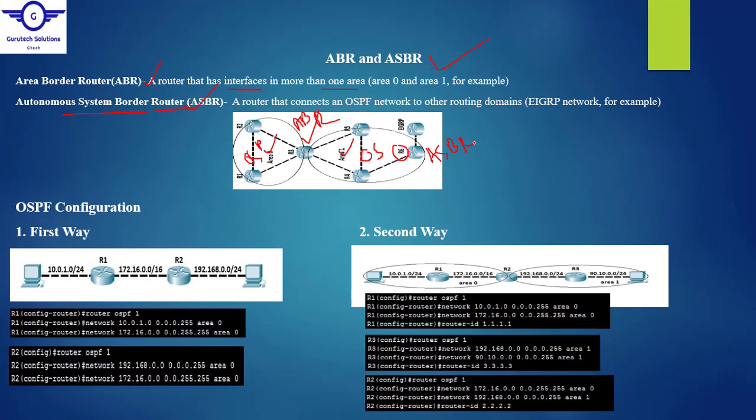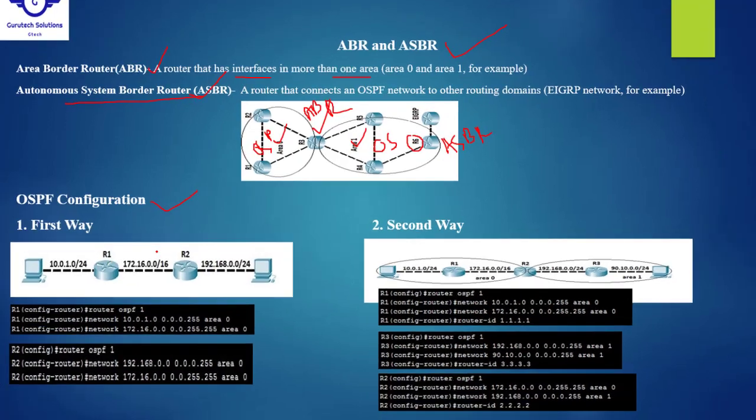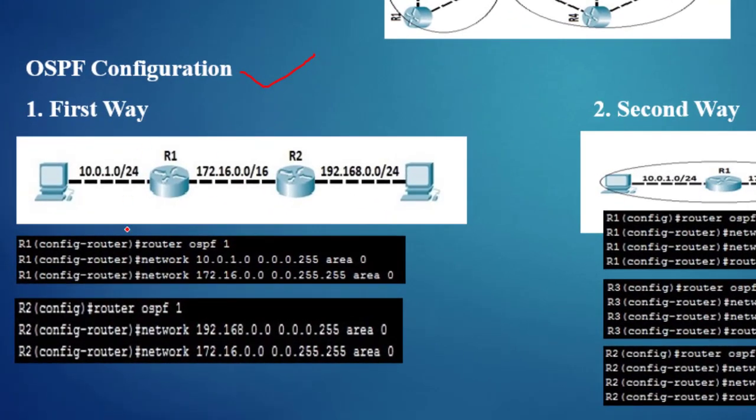And now finally guys, let's see how we can configure OSPF. There are two ways, just like in the case of EIGRP. So we have a topology here with 2 routers and 3 networks. Router 1 here should advertise this network and this network, and router 2 here should advertise this network and this network.